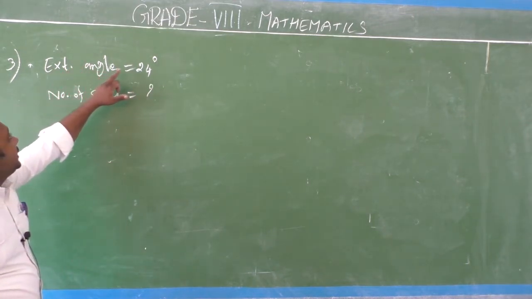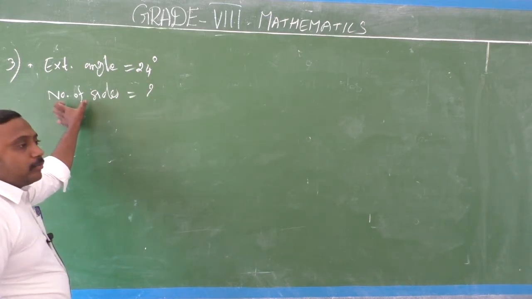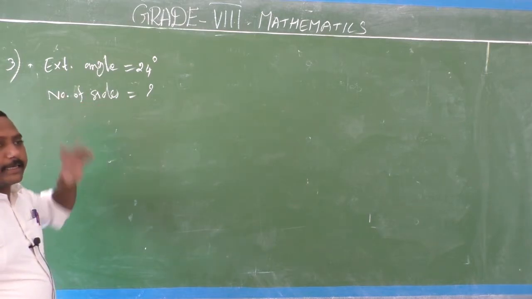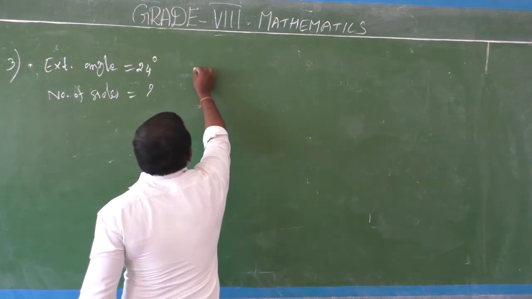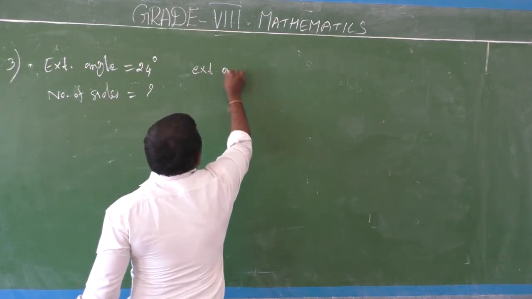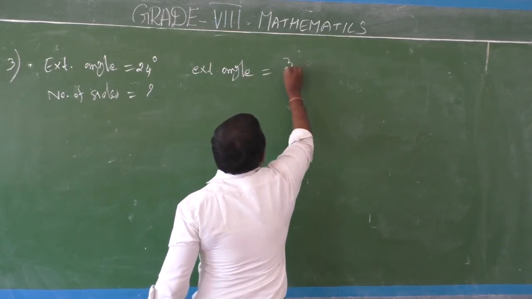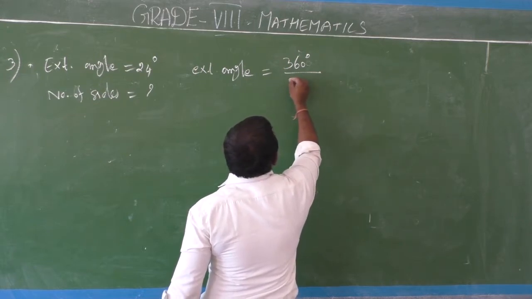If the exterior angle is 24 degrees, then how many sides does the regular polygon have? By using the same formula, the exterior angle is equal to the sum of all exterior angles divided by the total number of sides.